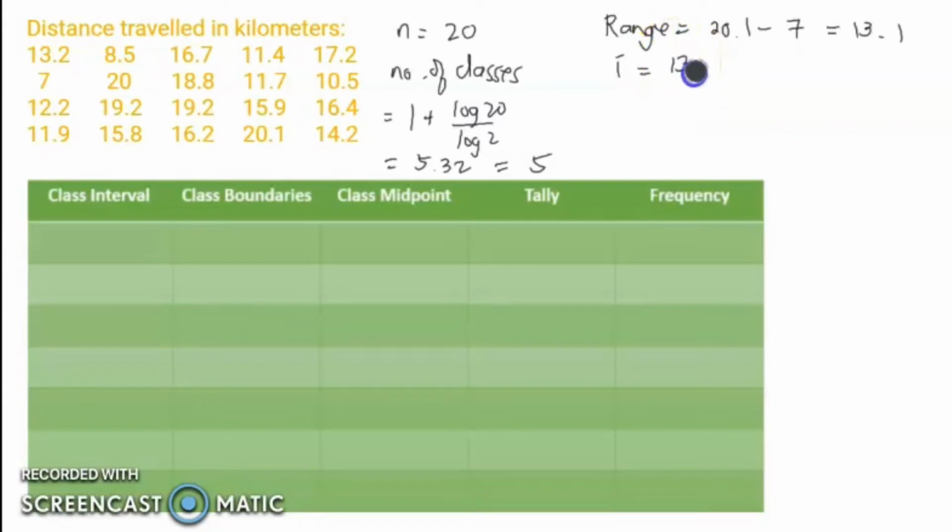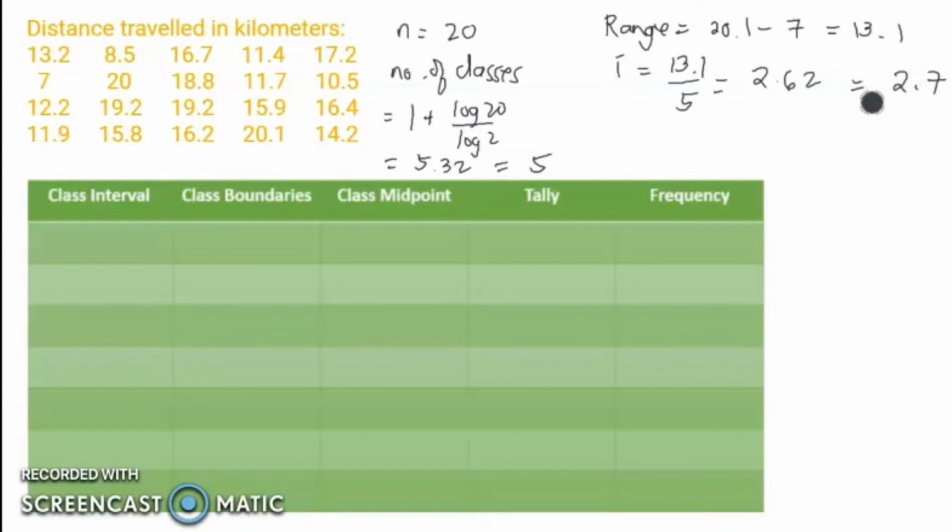So, that is 13.1 all over 5. And what is 13.1 divided by 5? It's 2.62. You will notice you have two decimals, so we just round it up. That will be 2.7.